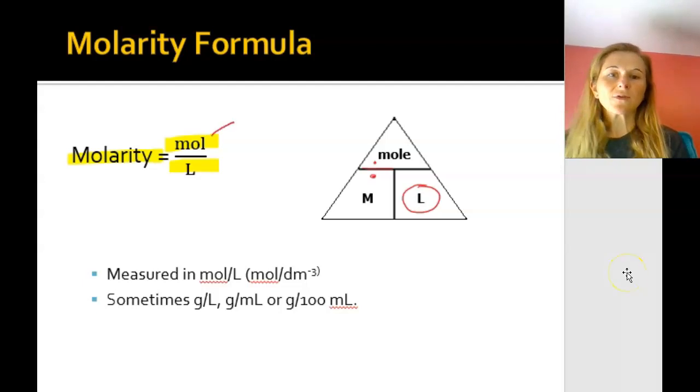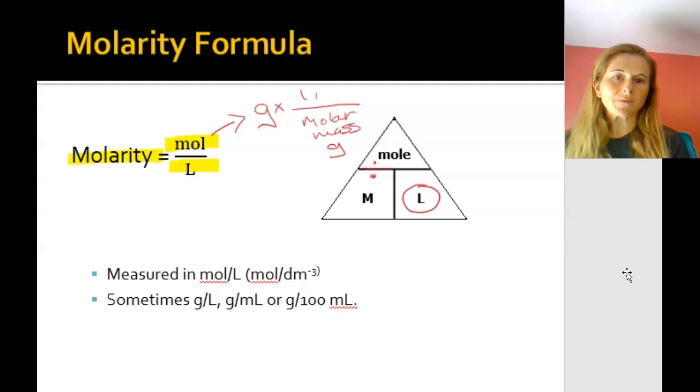Okay, so let's say they don't give us moles. We know we can figure out moles from grams. If they give us the grams we have of something, we know that we can just convert that by using the molar mass. So we would have, off the periodic table, grams per 1 mole, and do that conversion to get to the number of moles that we have.